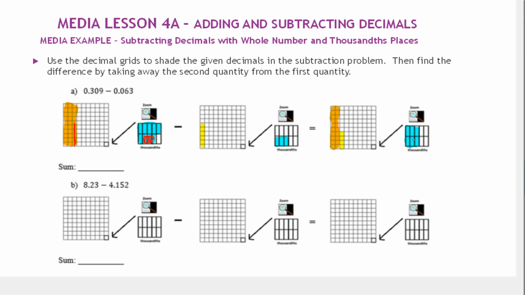And notice, I just want to draw your attention to what we really did when we crossed out part of an orange strip: we borrowed. So remember with subtracting, you sometimes have to borrow. And the idea was we didn't have any yellow units, so we broke an orange strip into 10 yellow pieces. That's how we thought of this.